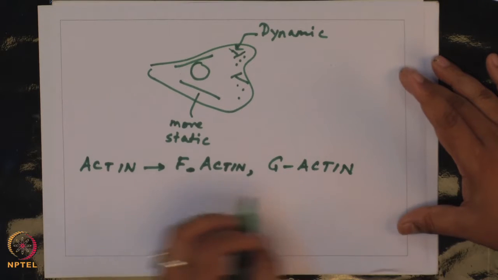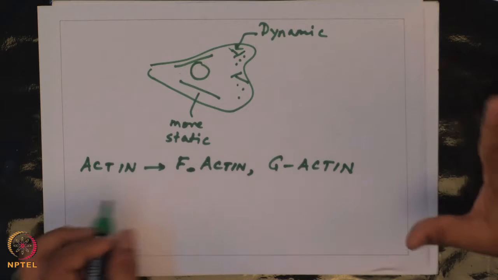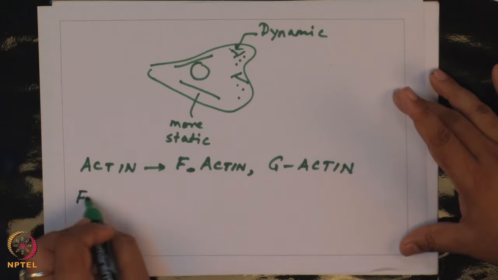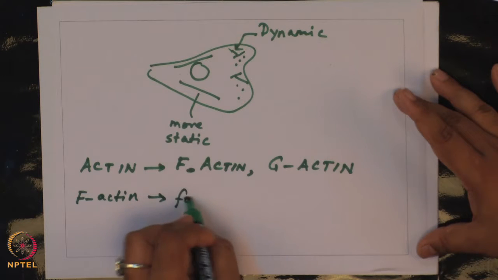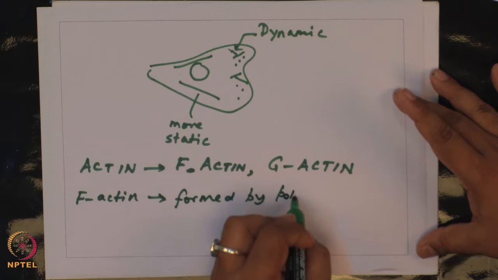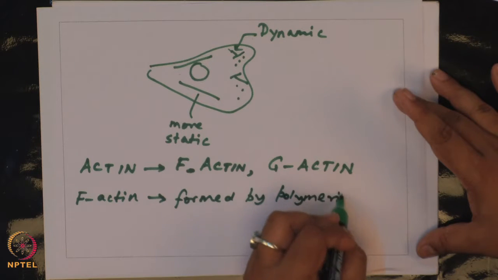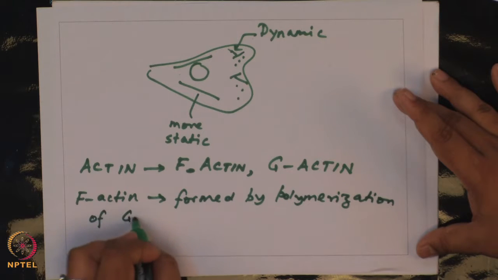Your G actin monomers come together to form a filament. So, F actin is just formed by polymerization of G actin.